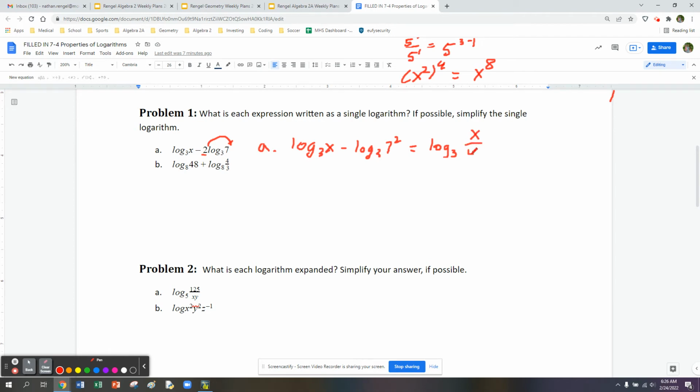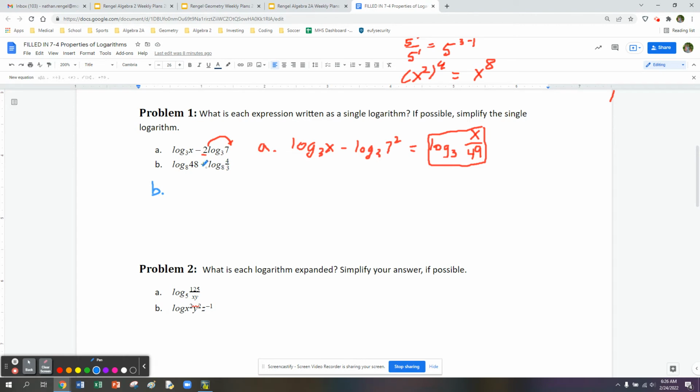So I'll start by using my first log rule, which with a quotient, I can subtract the two numbers that are in the numerator and denominator. So log base 5 of 125 minus log base 5 of xy. So there would be my first step, starting to expand this out.